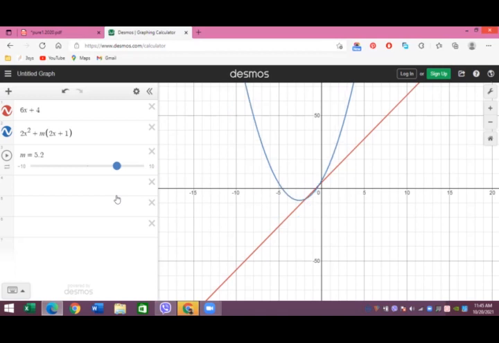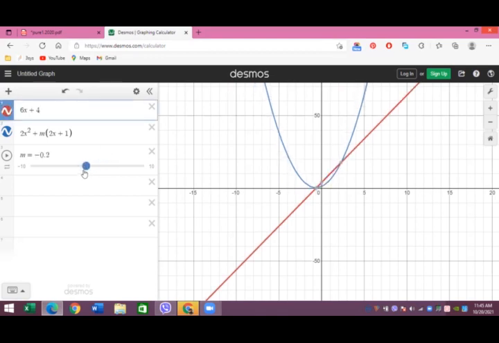Let's go back again. At some point it is slightly visible as if it is only taking the intersection at one point, but if you see it carefully you will see that the curve and the line have intersected at two different points even for m equals 3.4. Let's go towards some negative values.